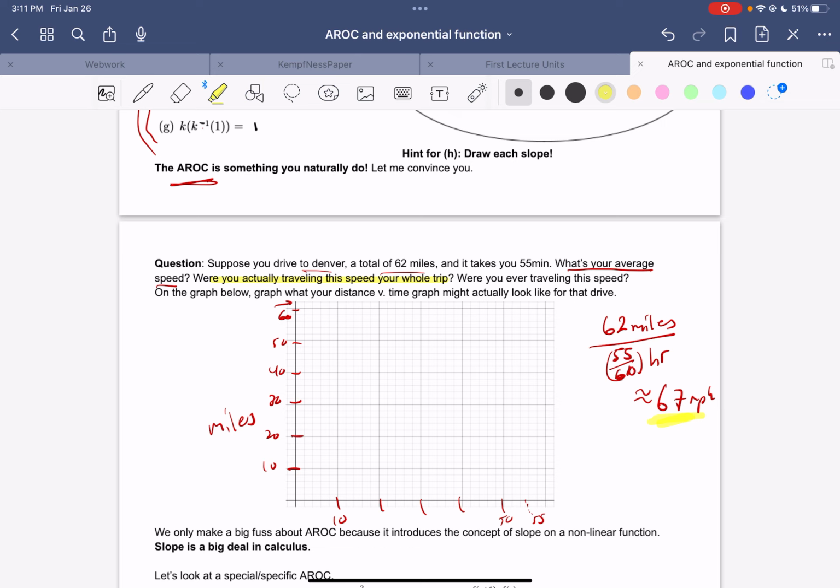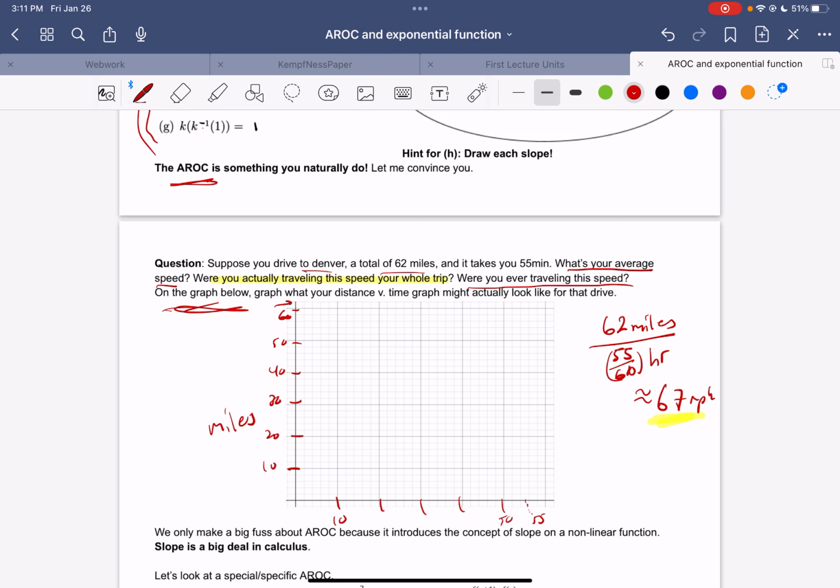You're not just going to drift in at 67 miles an hour and parallel park and be good in Denver. So you were probably doing like 75 or 80 on I-25. So no, you weren't doing that your whole trip. Okay. Were you ever actually traveling that speed? We'll come back to that question.